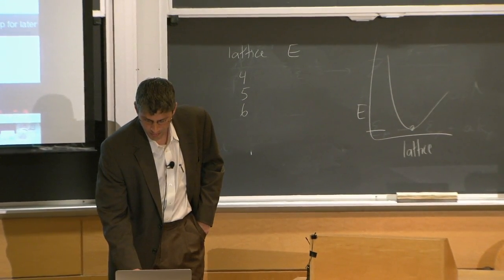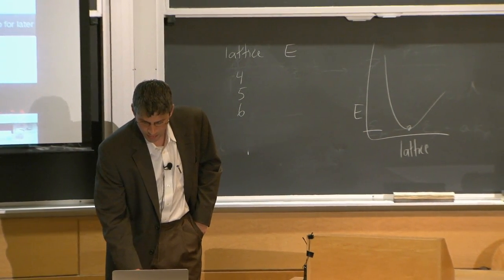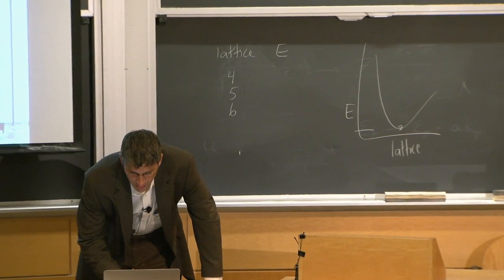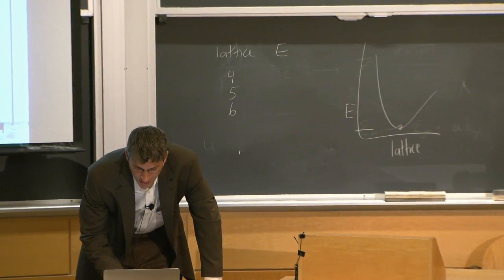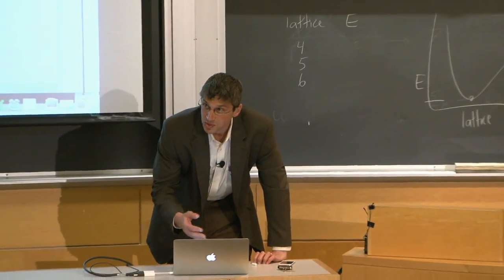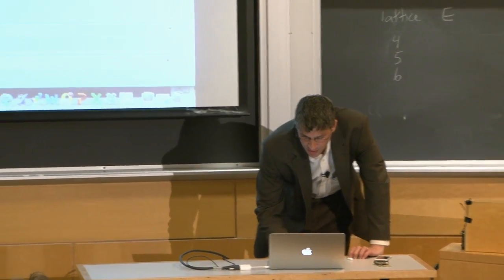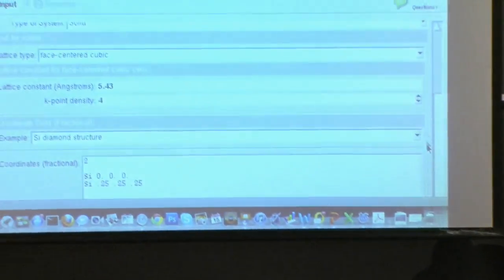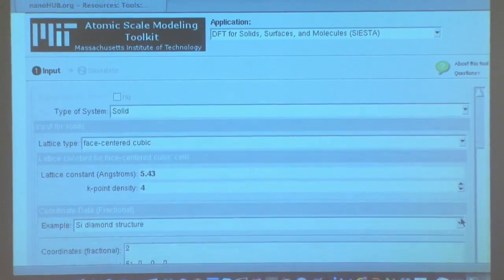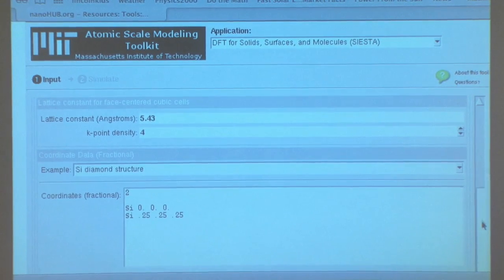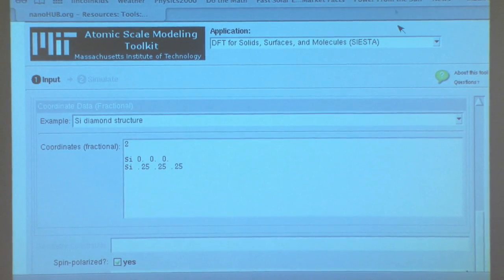Probably really just 1, because an isolated atom's not really periodic. Yeah. If it's really isolated, you shouldn't need more than 1 k point for the atom. But the solid is where you might need to look at the convergence, right? So you see, here's our tool. And here it's actually already defaulted to silicon, right? And so you can just press, why isn't it?